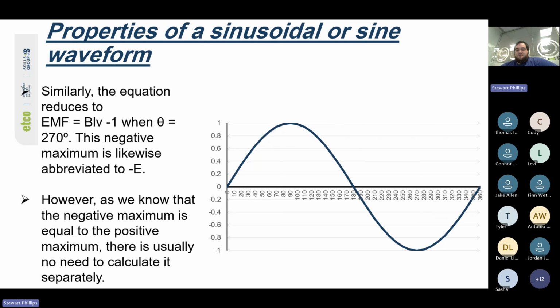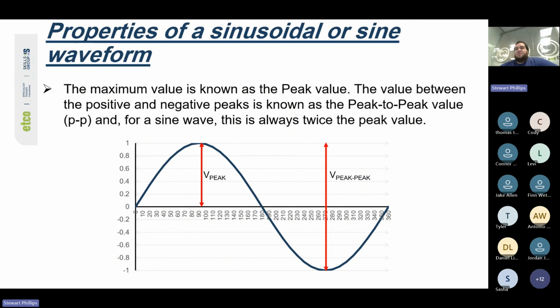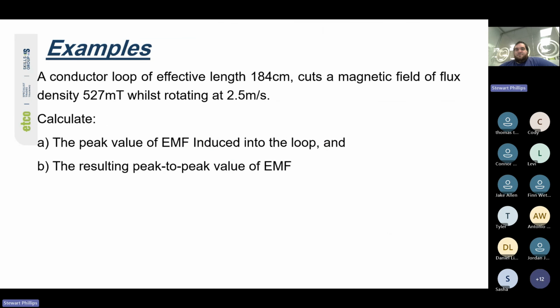And then we talked about the voltage peak versus peak to peak. If they ask you for the voltage peak, it's BLV at sine 90. And if they're asking you for the voltage peak to peak, if you know the voltage peak, you can just multiply that by 2. So this is an example we looked at again.